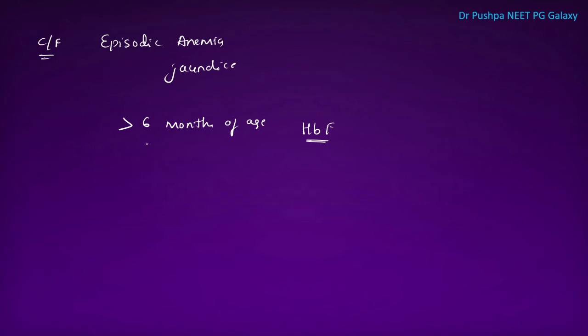On peripheral smear, we can find sickle cells, that is sickle shaped RBCs, and we can see target cells and reticulocytosis.